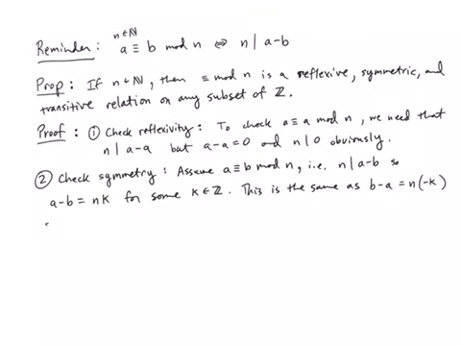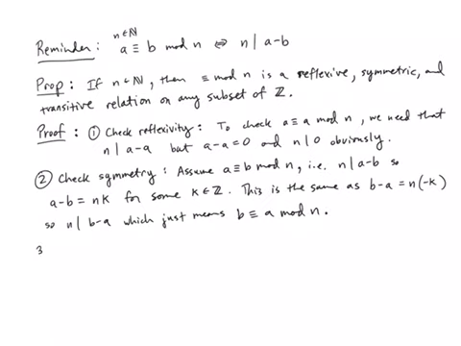Right? So n divides B minus A, which just means that B is equivalent to A, mod n.